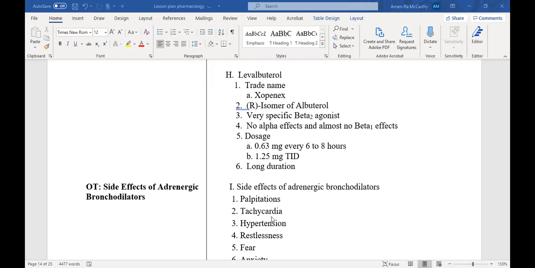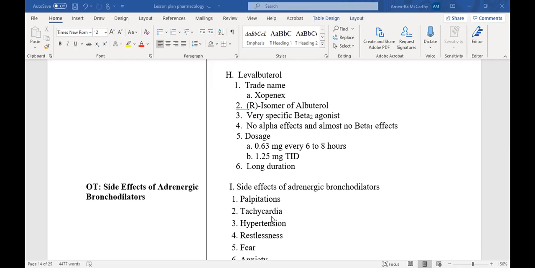Very specific beta-2 agonist. No alpha and almost no beta-1 at all. It's pure beta-2, so this person will not have any heart effects with this medicine. It will only give them bronchodilation.